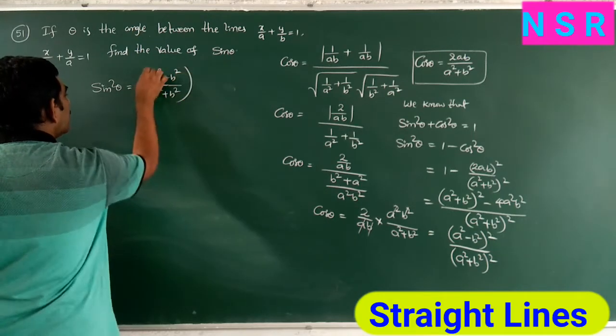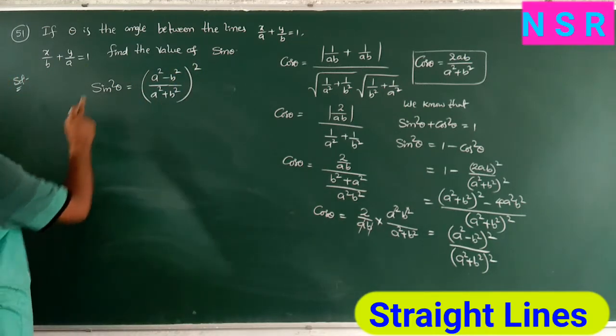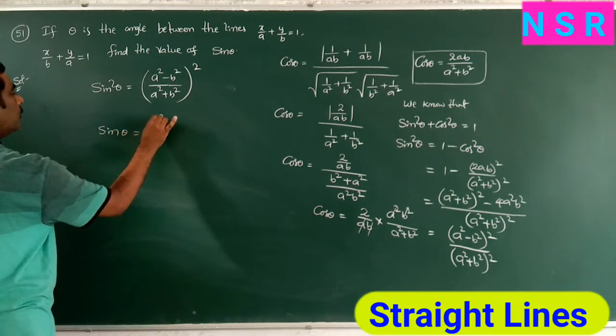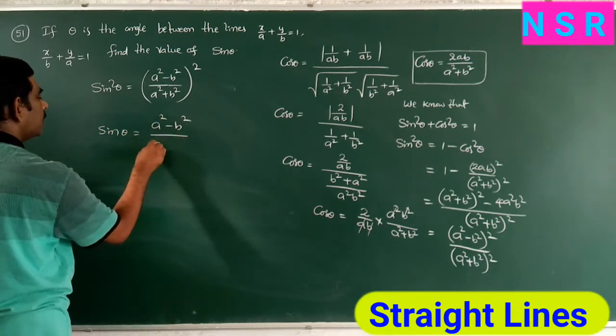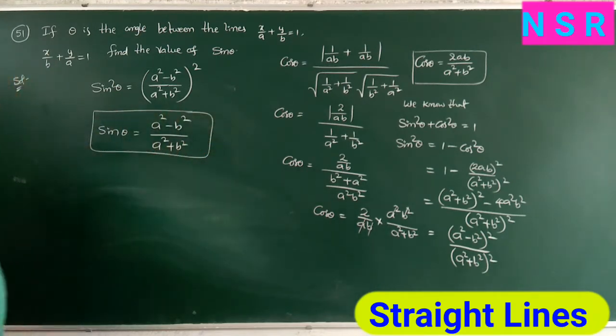So both numerator and denominator we have square. Now write whole square here, so both sides square get cancelled. Now we get sin theta is equal to (a square minus b square) by (a square plus b square). So this is the value of sin theta.